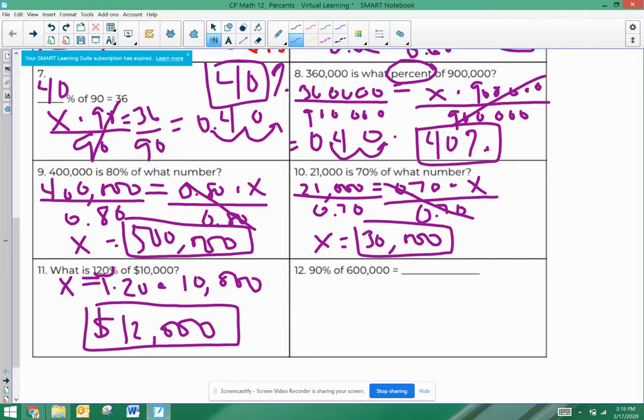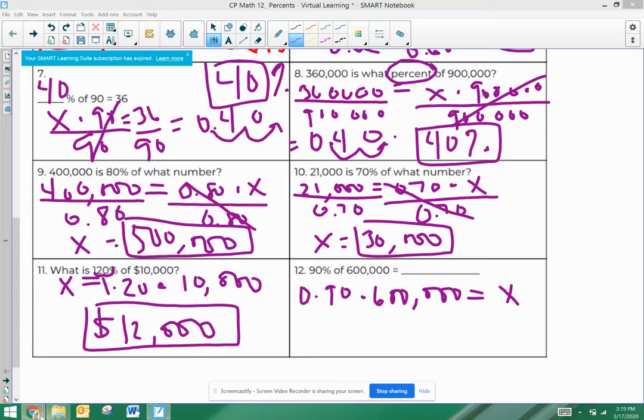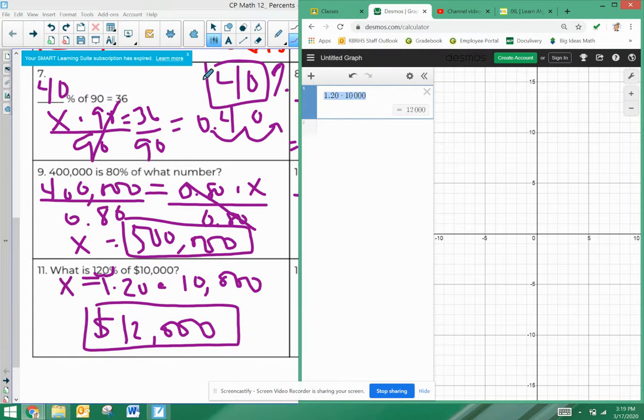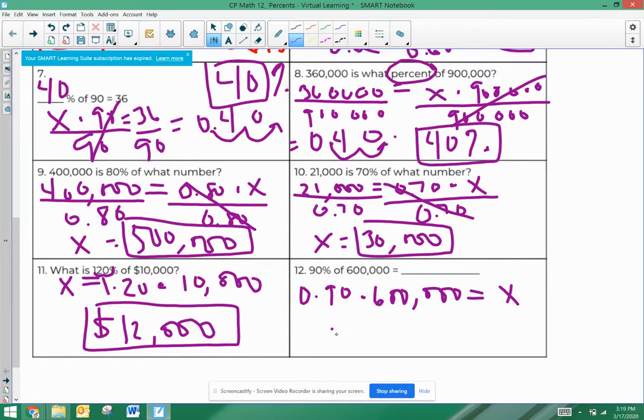Okay, so I'll just convert this 90%, 0.90, times 600,000 equals whatever, I don't know, which is X. So 0.90 times 600,000 is 540,000. Okay, and that's more than 500,000, which is where we guessed. 540,000.